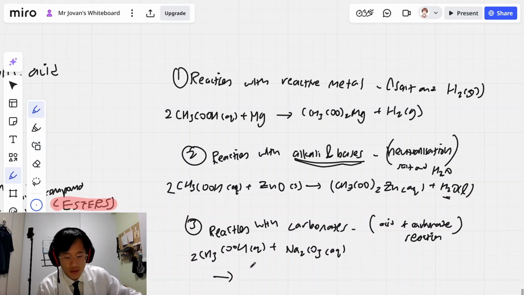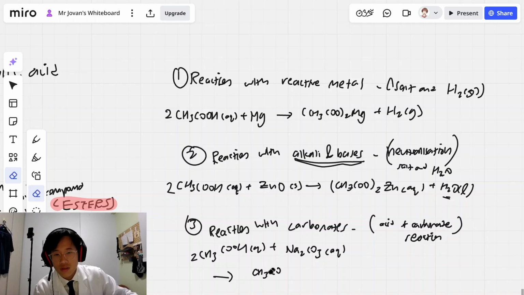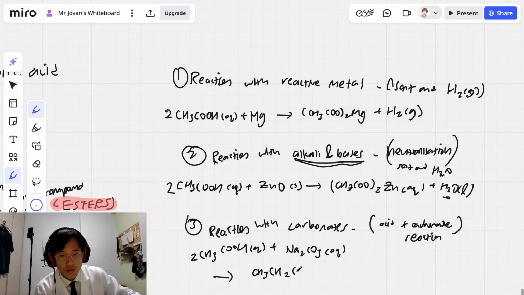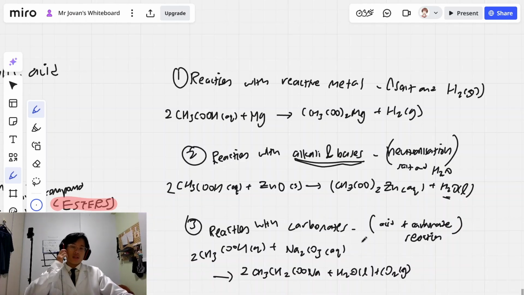Okay, what's the end product? CH3CH2COONa plus H2O liquid plus CO2 gas. So this is our acid and carbonate reaction. One of the important products for this is carbon dioxide.